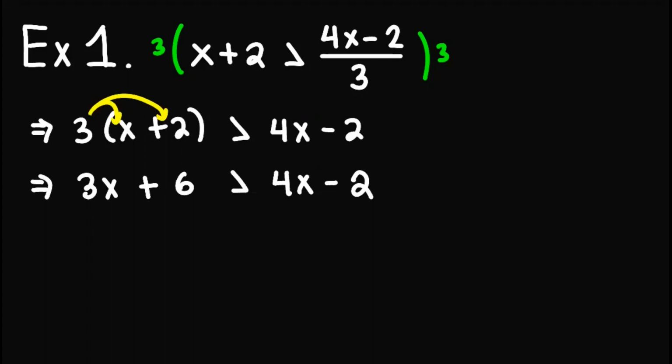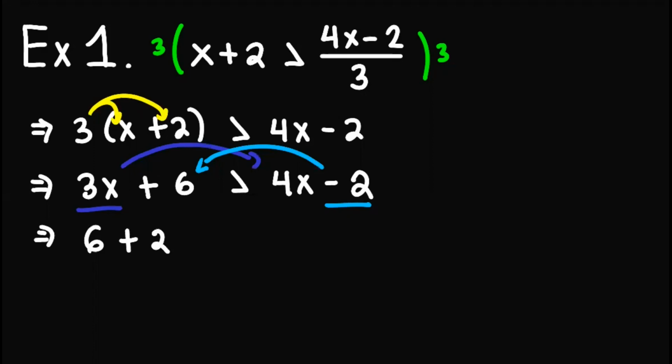So doing that, we move 3x to the right and we move negative 2 to the left. So we'll obtain 6, and again when we move to the left, we change the sign. So we'll have 6 plus 2 is greater than 4x, and 3x will become negative 3x.